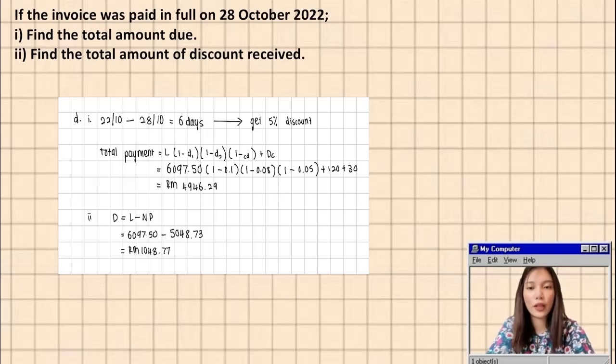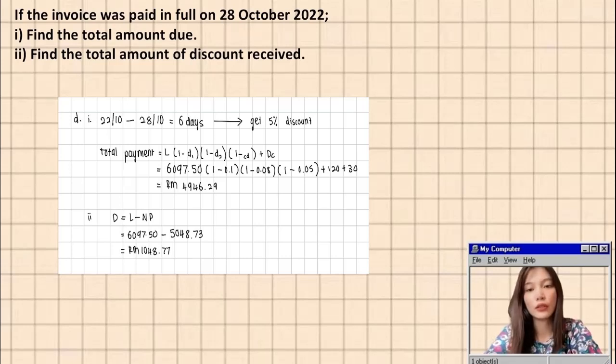The answer for question D1 is RM4,946.29. Question D2 is to find the total amount of discount received.